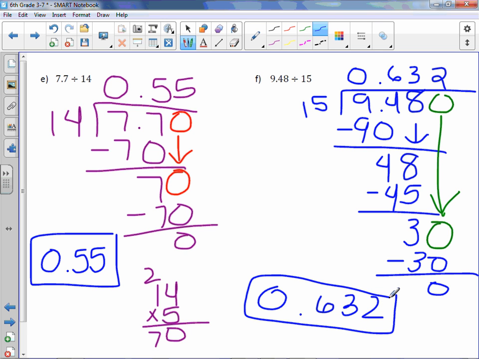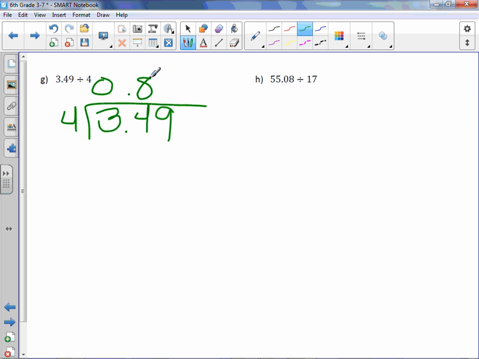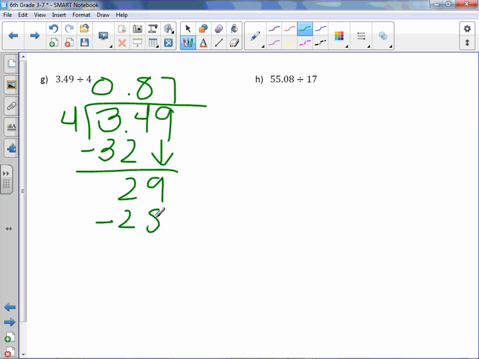Letter G. 4 into 3.49. Bring up your decimal. 4 cannot go into 3, but it can go into 34 8 times, which is 32. Subtract and get 2. Bring down the 9. 4 can go into 29 7 times, which is 28. Subtract and get 1.